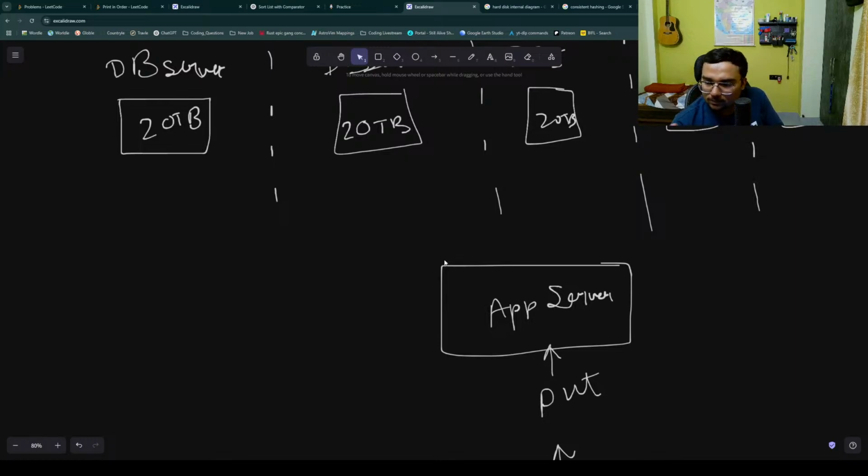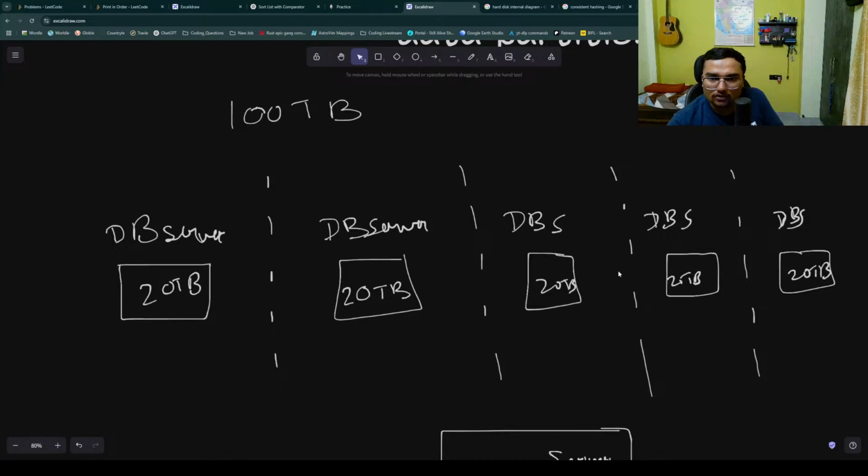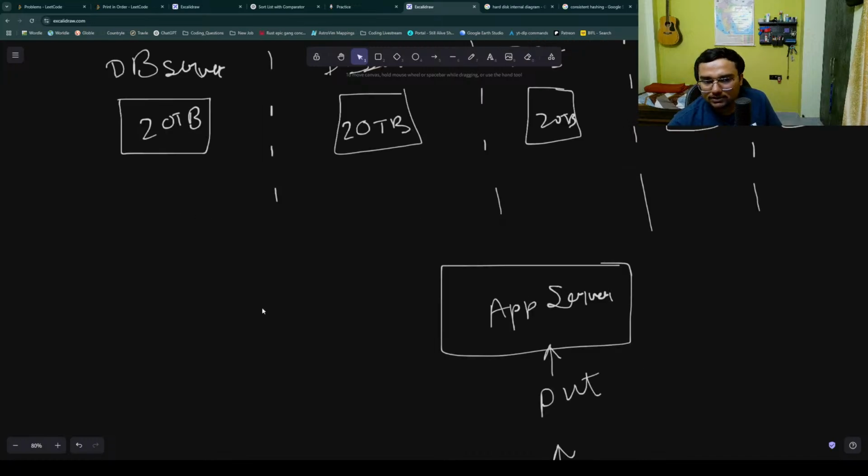So we can map that same circle among these DB servers. Each DB server represents a certain part of the circle, like an arc or a sector. It's basically a reliable way to know which DB server contains the key we are looking for.